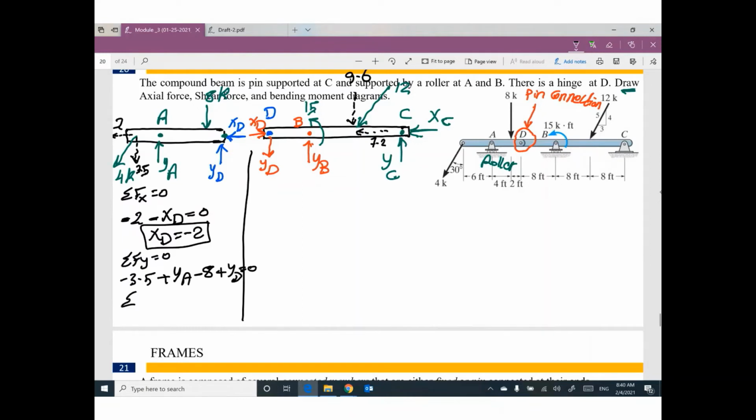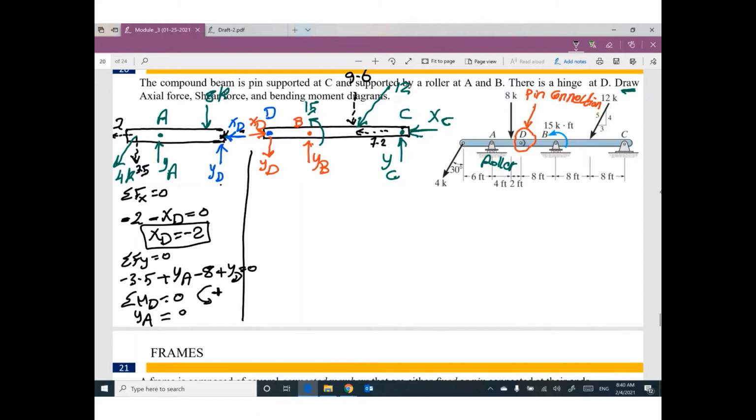Take moment at D equals 0. I'm going to assume this direction is positive. If you take moment at D, this one will be cancelled, this one will be cancelled. I believe the only unknown will be YA. The value of YA will be 8 times 2 plus 3.5 times 12, divided by 6.